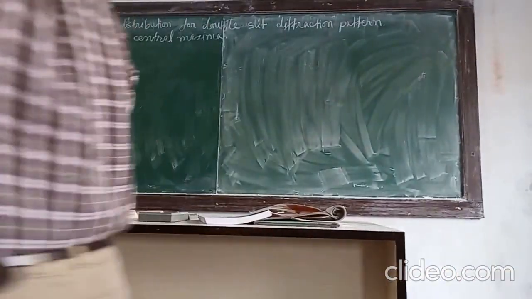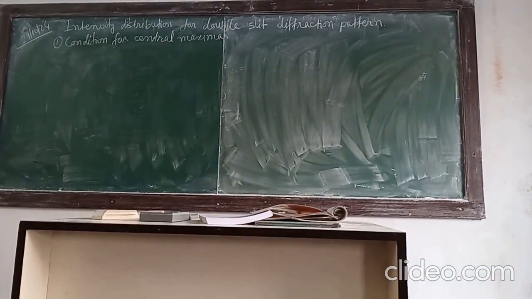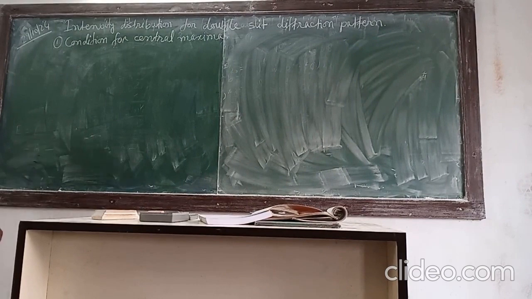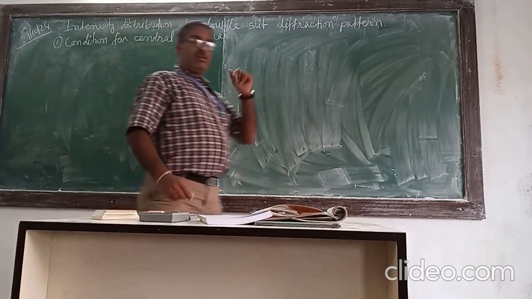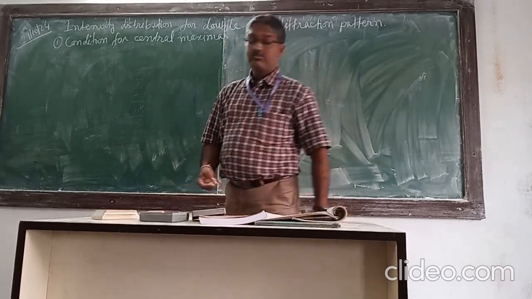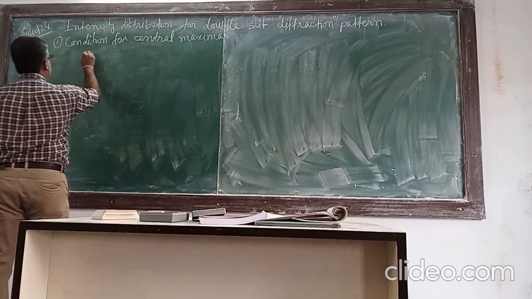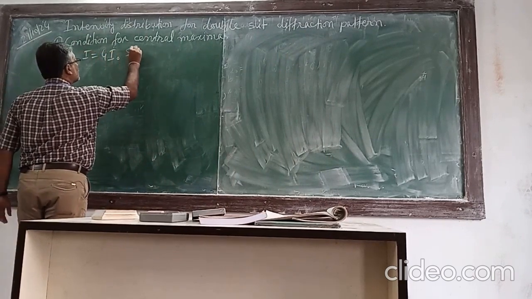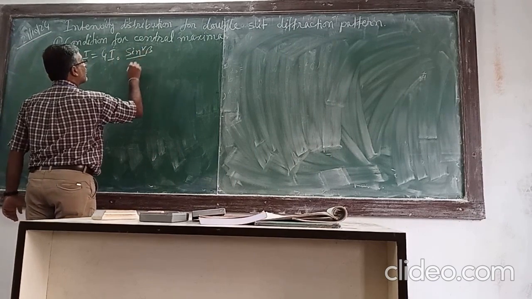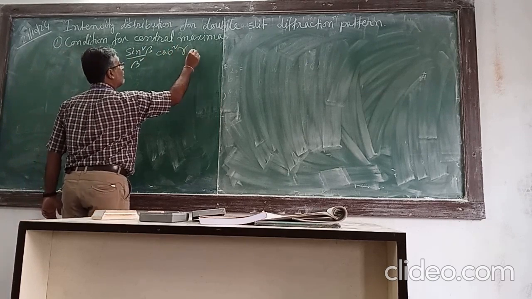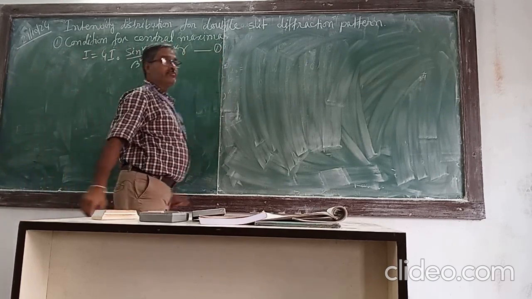What is the intensity distribution? মনে আছে? কালকে যে পড়লাম. I equals 4I0 sin square beta by beta square into cos square gamma. Equation 1.